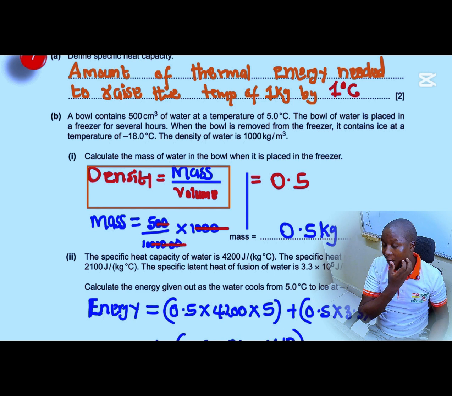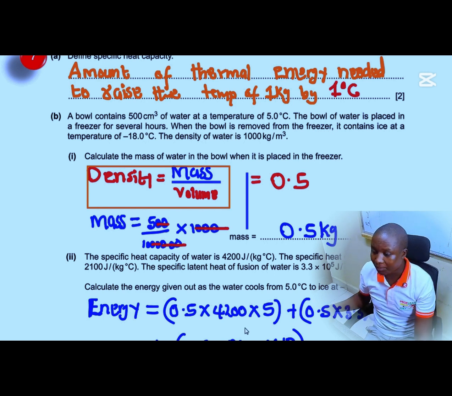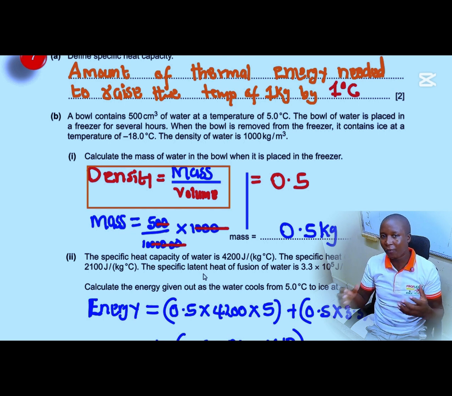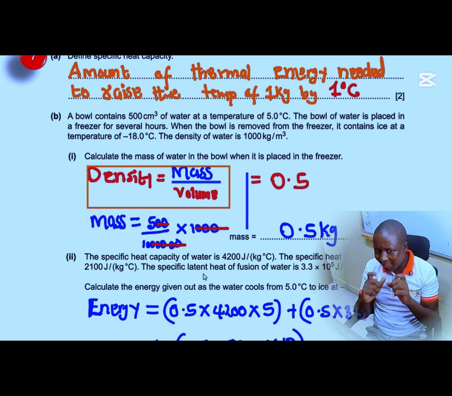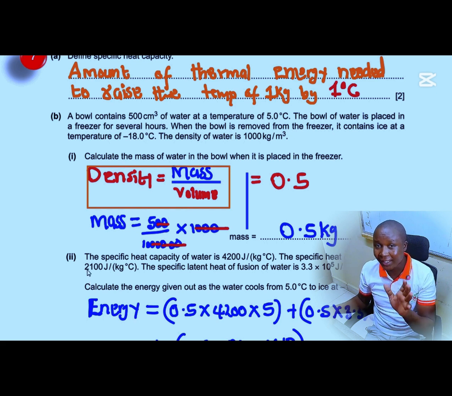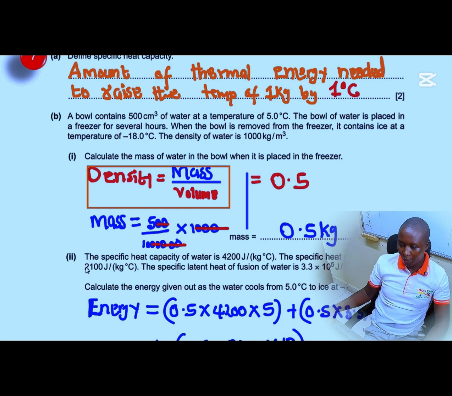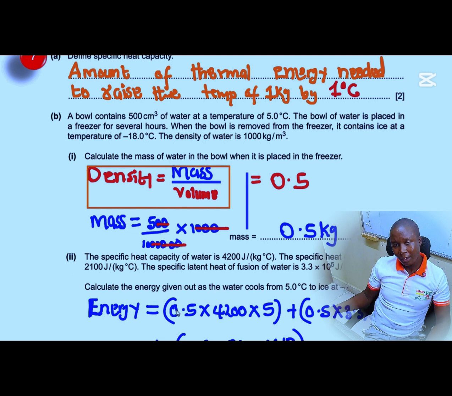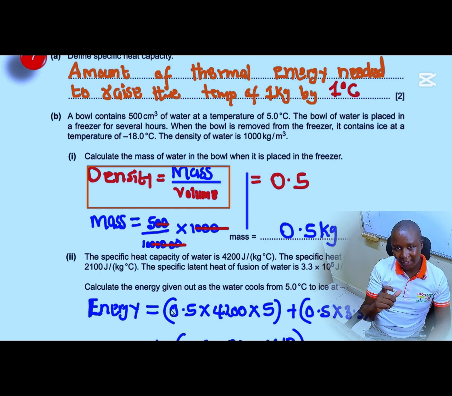Of course, this concept about latent heat of vaporization and latent heat of fusion is not really required for 2025 students, but it is very good for you to know what is supposed to be done, in the event an examiner decides to test that concept. So remember, thermal energy is given by the formula mass times specific heat capacity times the temperature change.